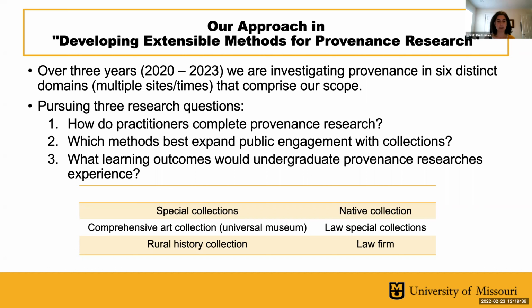So our scope is broad, yes, and part of the reason for that broad scope is that it allows us to draw both from the experiences of museum curators who investigate provenance in some small way, and also the experiences of archivists who are guided implicitly or otherwise by provenance in their day-to-day work.